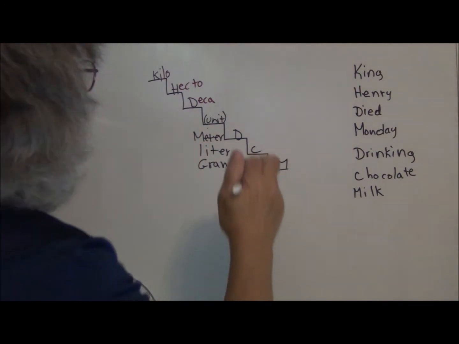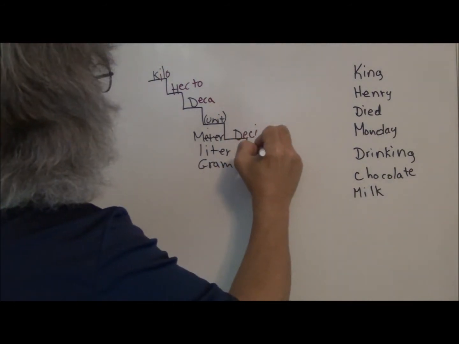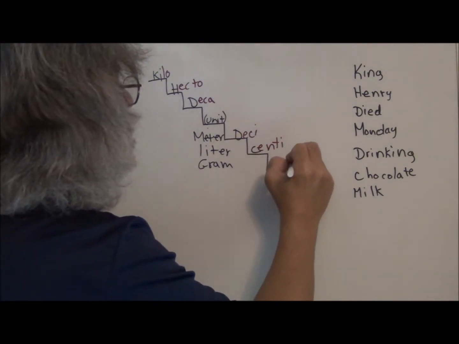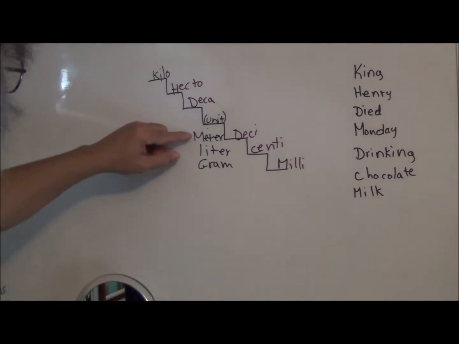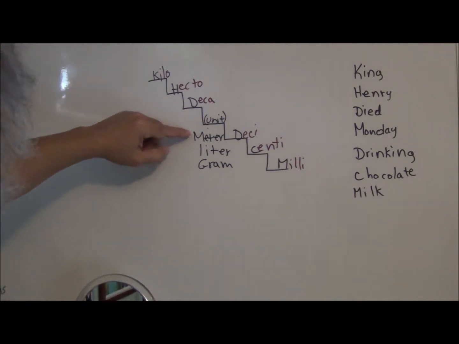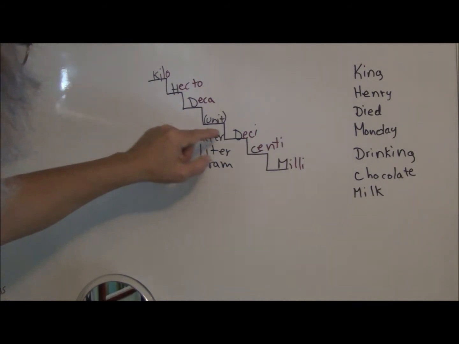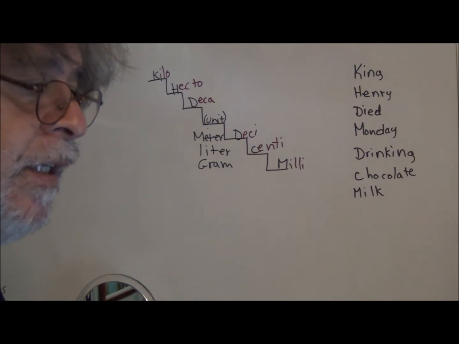And then we have deci. And we have centi. And we have milli. So starting with the units of length, we have kilometer, hectometer, decameter, meter, decimeter, centimeter, millimeter. Okay, I'm going to show you how to use that in a second.